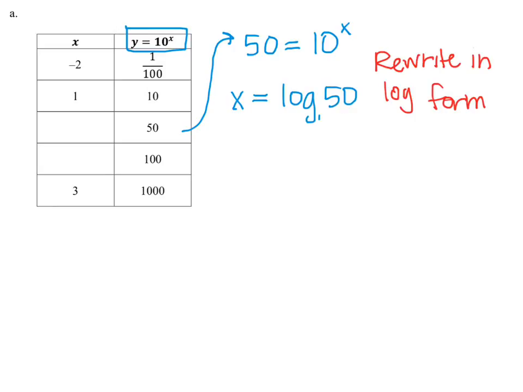Technically, I could put a 10 down here, but I don't need to with base 10. Now that I have x by itself, all I have to do is plug log 50 into a calculator. When I do, I get that x is equal to 1.699.